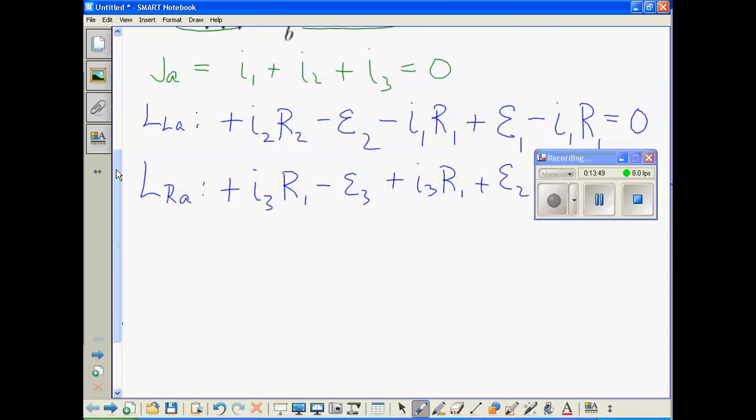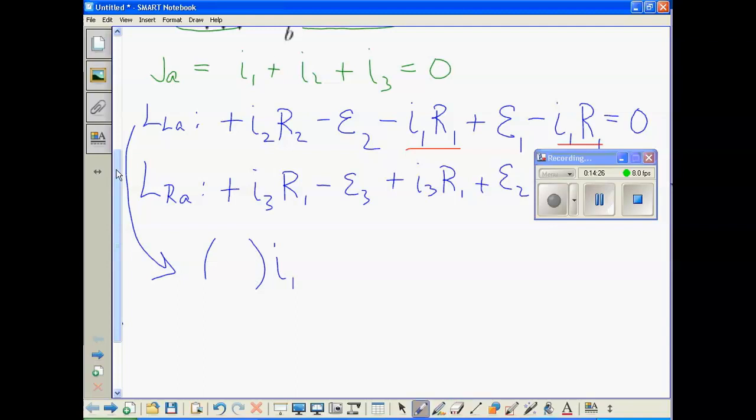But I'm going to rewrite my two loop equations. So I'll write the left loop equation, and all I need to do is put I1 first, and then I2, and then I3. So notice all the terms that have an I1 in it, I'll underline them in red. That's two negative I1 R1s, and so I'm just going to write it as a single term, negative 2 R1 times I1. I like to have all of my coefficient stuff set off in parentheses.